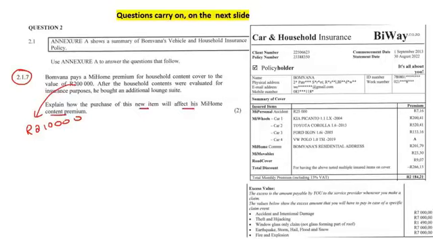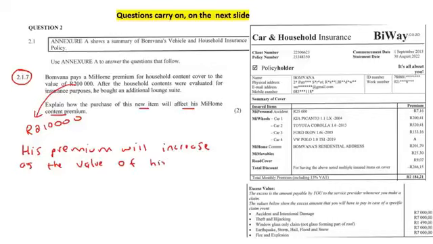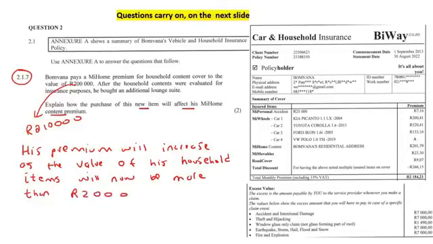Okay, so we could just say something like: his premium will increase as the value of his household items will now be more than 200,000 Rand.